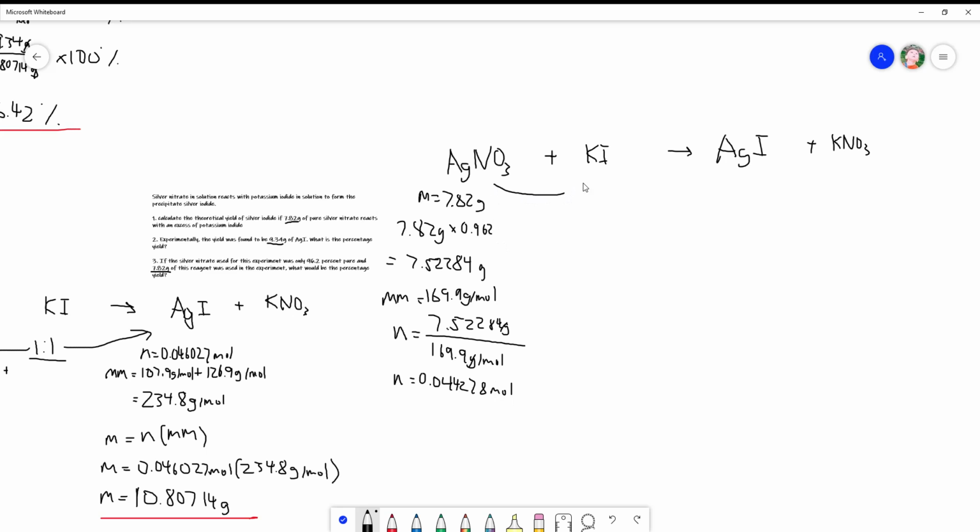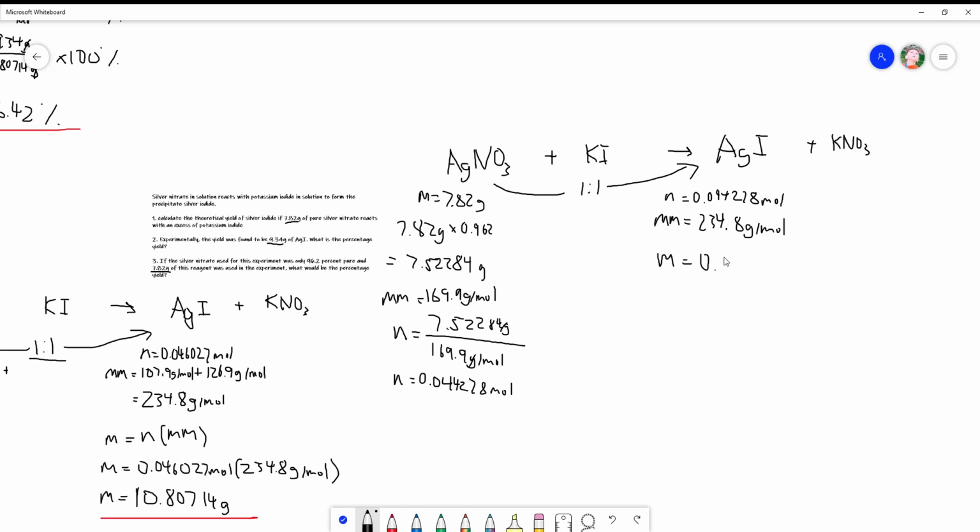And then since we already know that this is a 1-to-1 ratio and that these two have the exact same number of moles, we can give silver iodide the same number of moles as silver nitrate, 0.044278 moles. And then now, to find the mass of silver iodide, all we have to do is find the molar mass, which we already know, which is 234.8 grams per mole. And then we can find the mass.